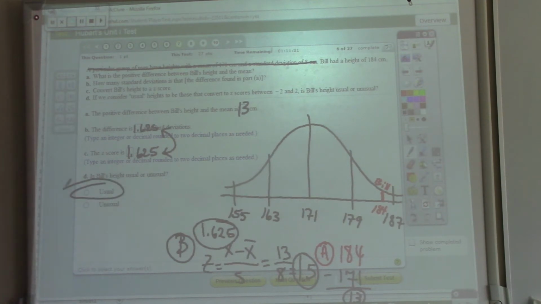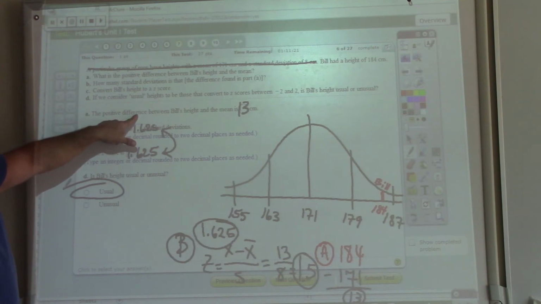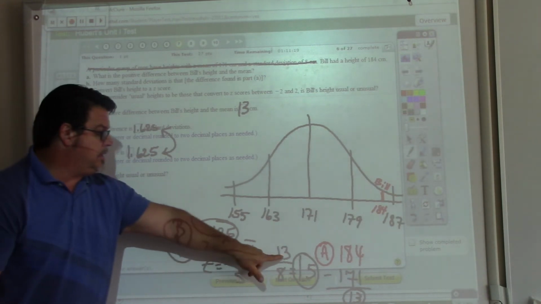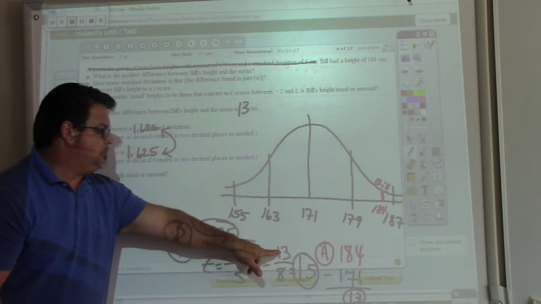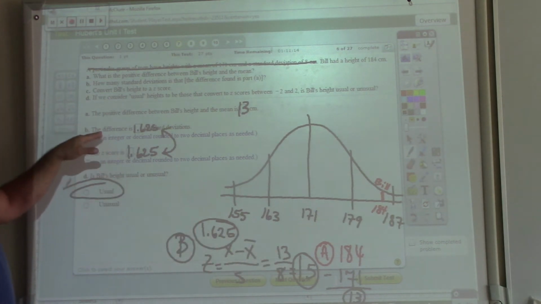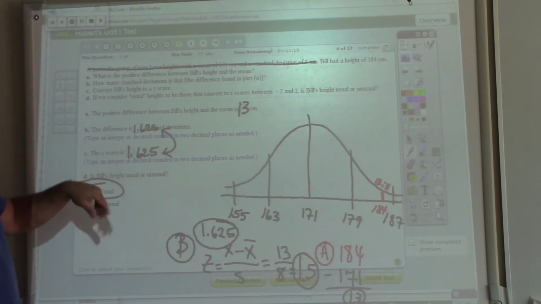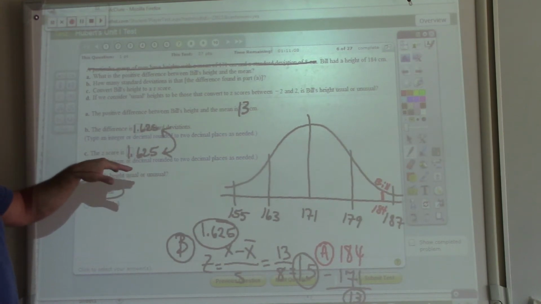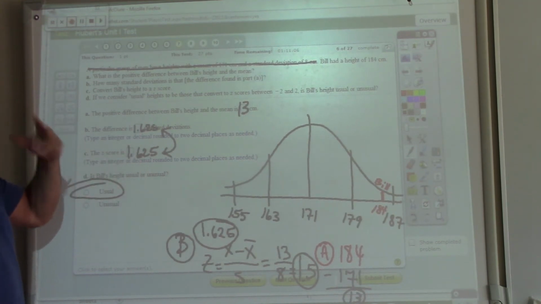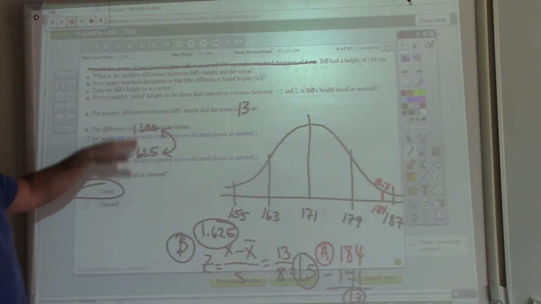When it asks for the difference, it's asking what is the difference between the two scores, which is your numerator. Then it says the difference in standard deviations is 1.63 and the z-score is 1.63. What they're trying to get you to learn is that these two are the same number.